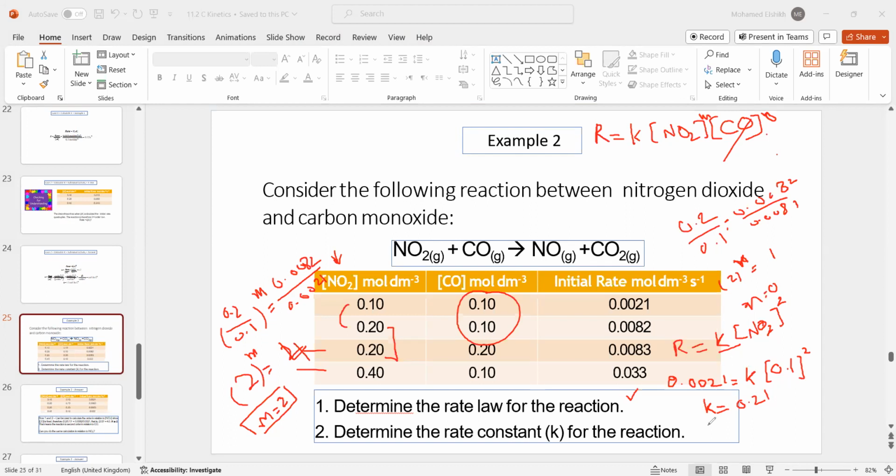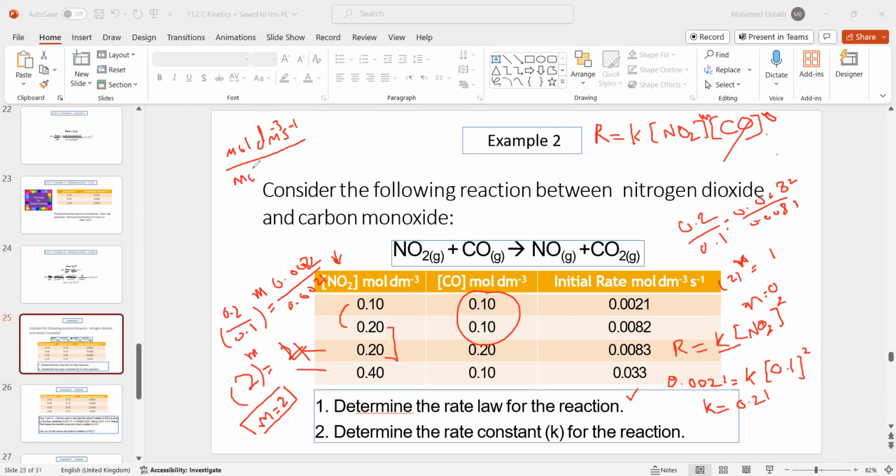Now, you need also to find the units for this. The rate has a unit of mole per decimeter cube per second, because the rate is concentration over time. The concentration is molarity, mole per decimeter cube, per second. And then you divide that by concentration, but the concentration here is raised to the power 2.